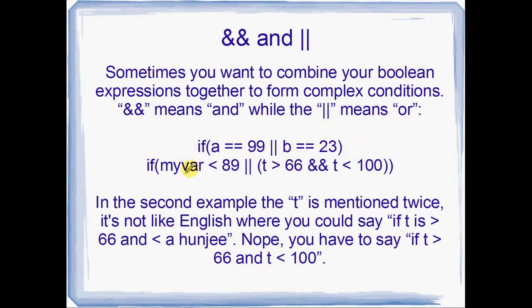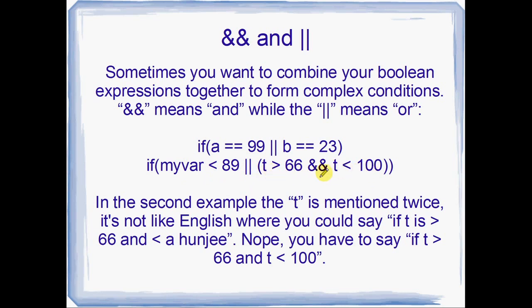The next one, I just got a bit carried away, and this is what I came up with. My var just here is another variable. A and B were variables also. I should specify somewhere that these things are variables. Anyway, this one is: if my var is less than 89, or, and then I've got some more conditions in brackets here, if t is greater than 66 and t is less than 100.